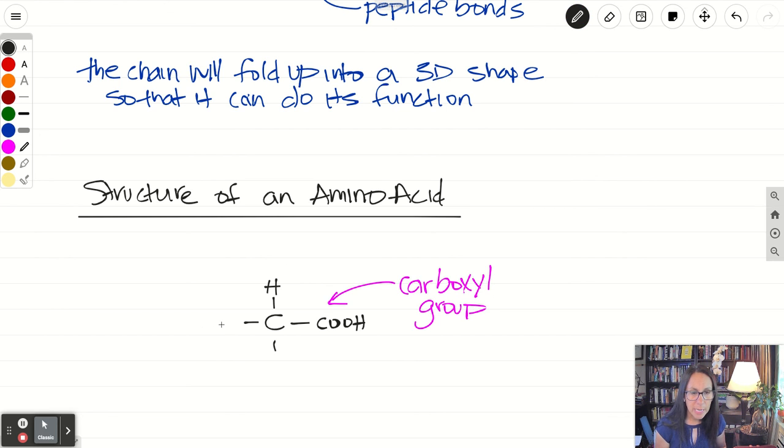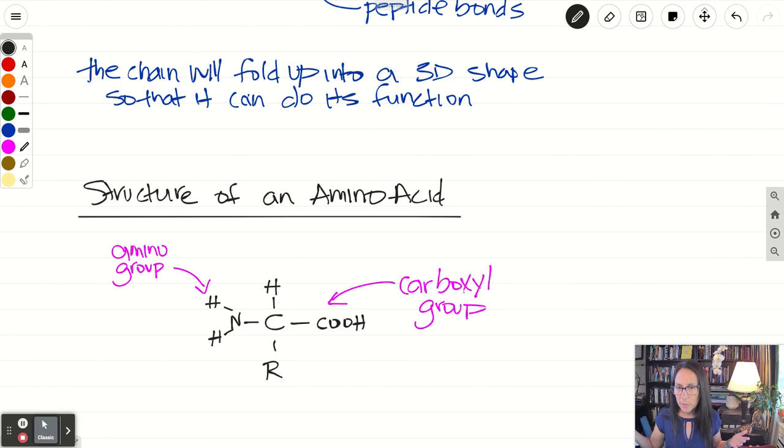On the other side, we have what is called an amino group. So it's NH2. Okay, this is called an amino group, and this is where the name amino acid comes from. Okay, and then on the bottom, this last section is called an R, and this R is different for each of the amino acids.